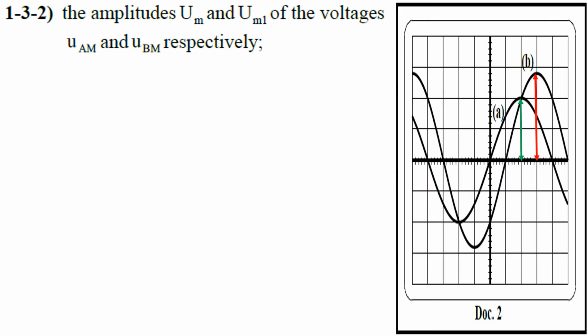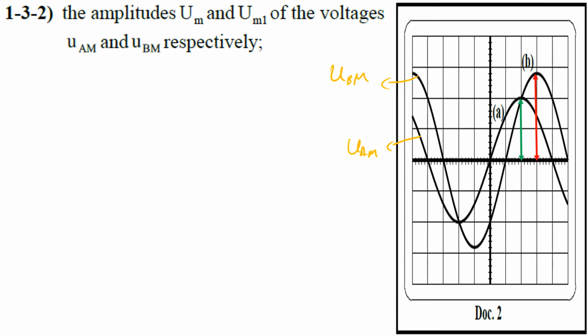Now, find the amplitudes UM and UM1 of the voltages UAM and UBM. We said that UAM is on curve A. So let's label the curves. So this one is UAM and this one is UBM. Okay.